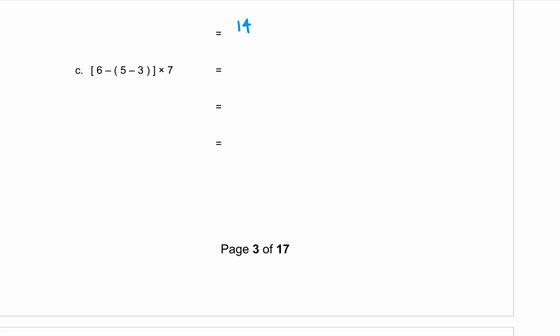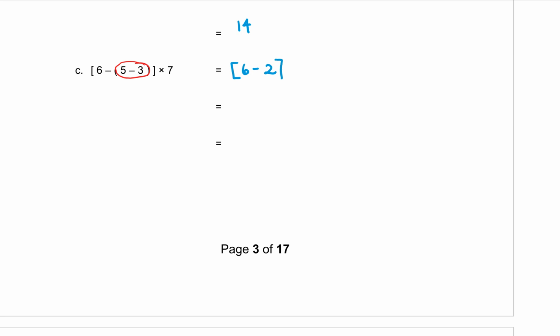Brackets first. Now this one actually has 2 sets of brackets, and we had a little reminder in our notes up the top of the page that we always start with the inside brackets. So that means these ones, the 5 minus 3 has to happen first. Write everything else down. So I have a square bracket, 6 minus, now 5 minus 3 is 2.